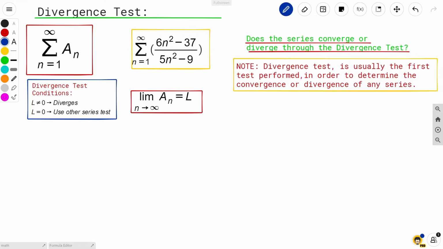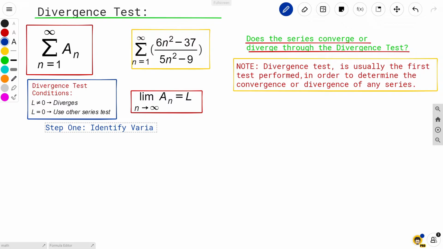So here we have an example of a series: 6n squared minus 37 divided by 5n squared minus 9. The first step is to identify a sub n, so identify all the variables.